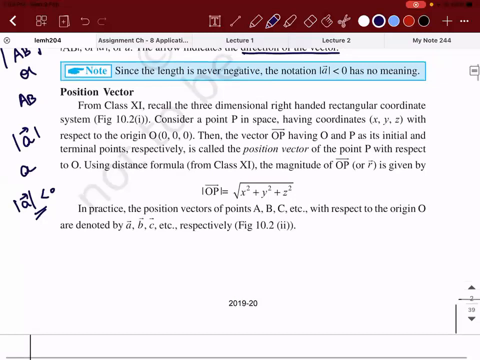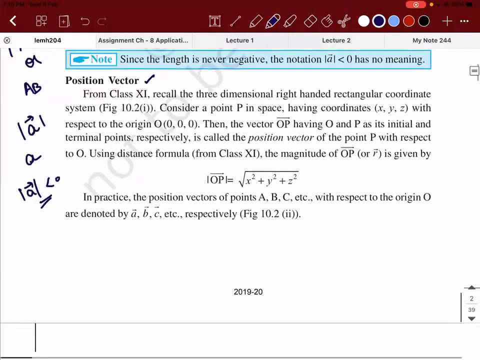Clear. Right. So the first important point that you need to know is called the position vector. In mathematics, it is a very important thing because when you solve a particular problem, you solve everything with respect to a fixed important point called the origin.